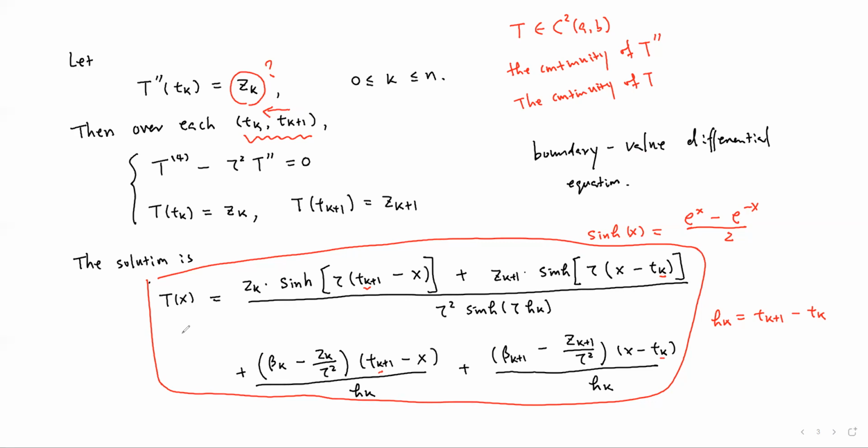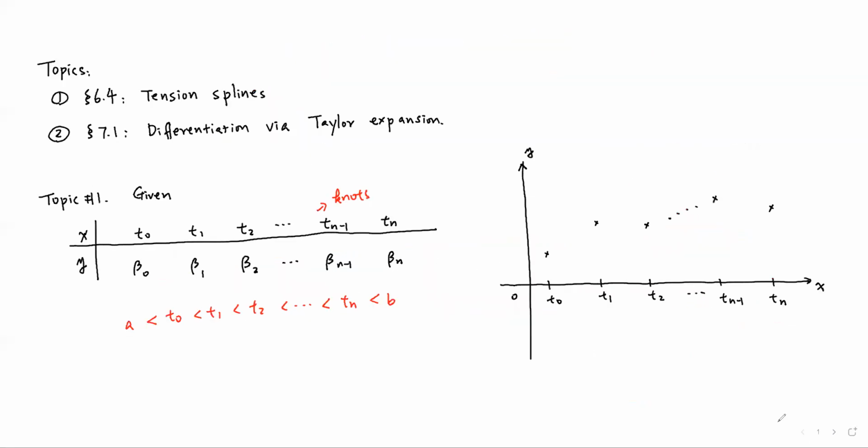I finished chapter 6 today. Then next, we turn to study chapter 7, topic 2. Chapter 7 is about numerically, not theoretically, numerically computing derivatives, usually first and second derivatives, and also numerically computing an integral.